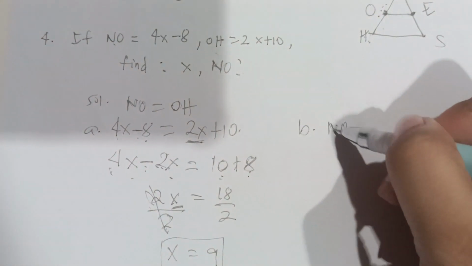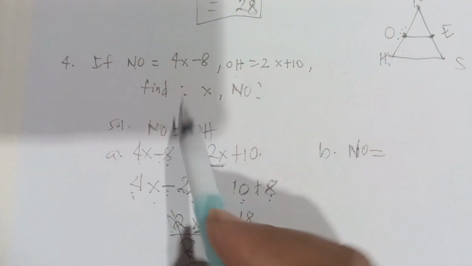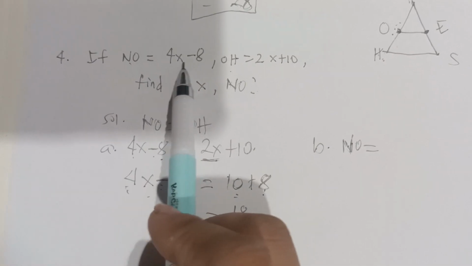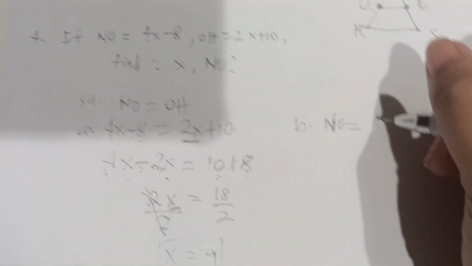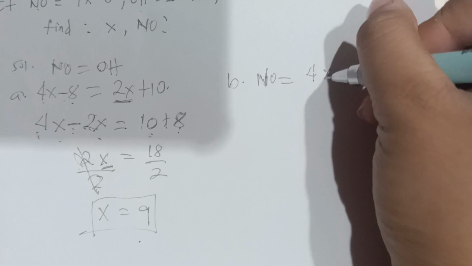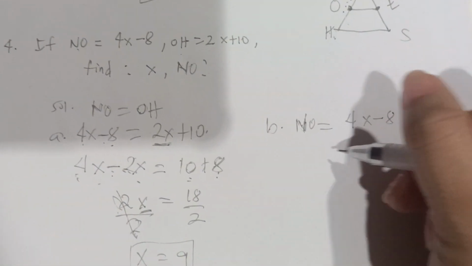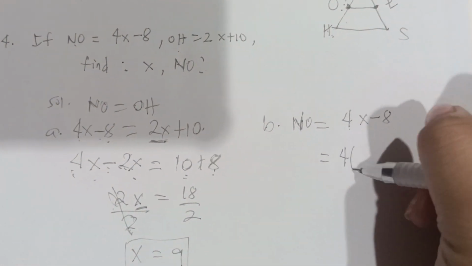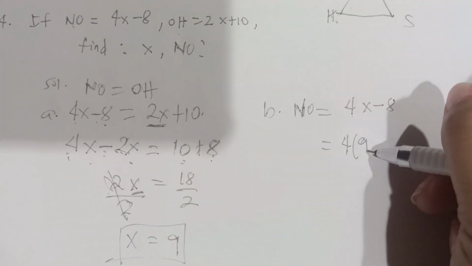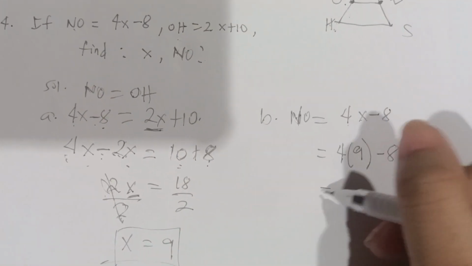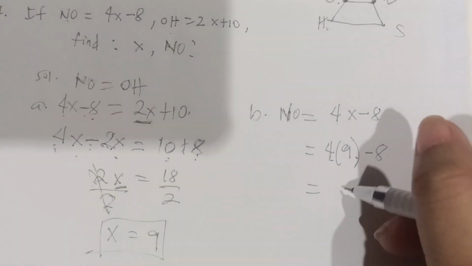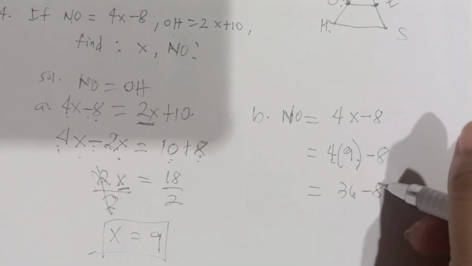So for letter B, find NO. For the formula of NO, where do we get it? Of course, from the given, NO is 4x minus 8. So copy 4x minus 8 equals. Copy 4. Substitute x by 9, minus 8. So 4 times 9 is 36 minus 8.